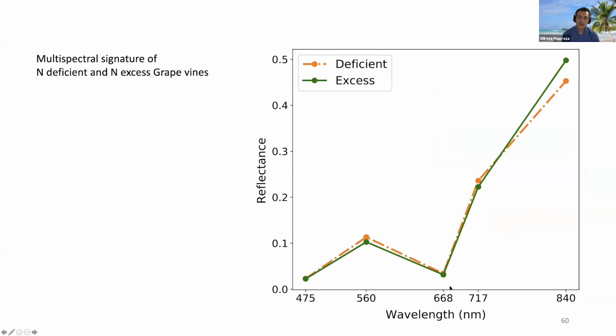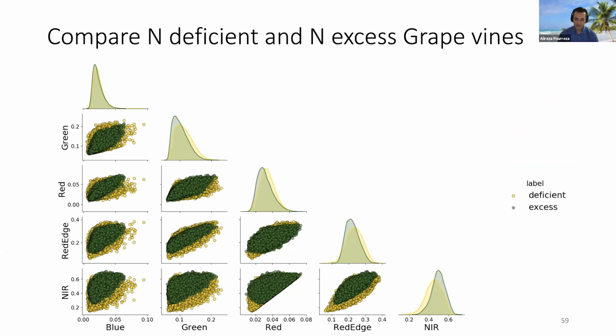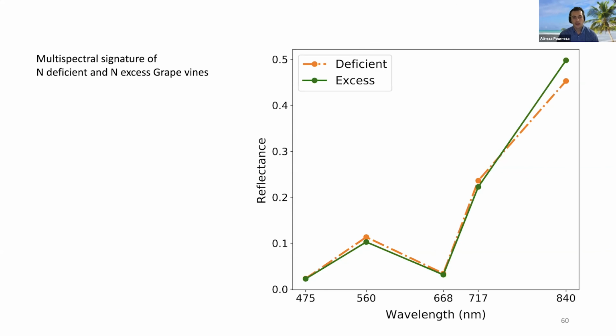This is a multispectral signature of high N compared to low N. And we can see low N has less reflectance in green and red edge. Because usually a grape leaf with high N appears a little bit darker in green.